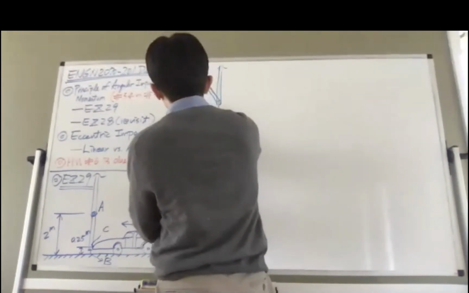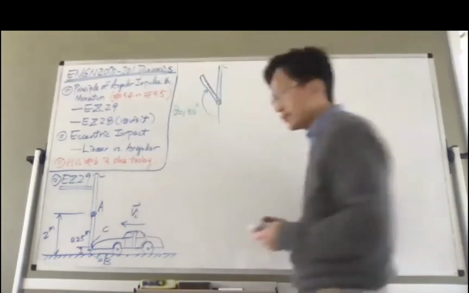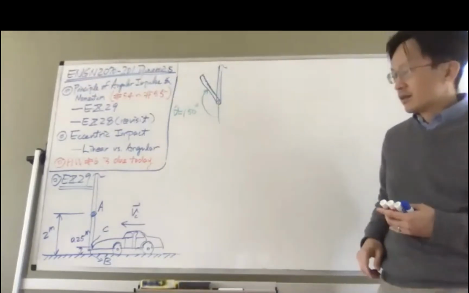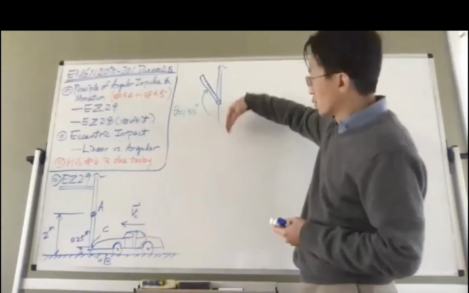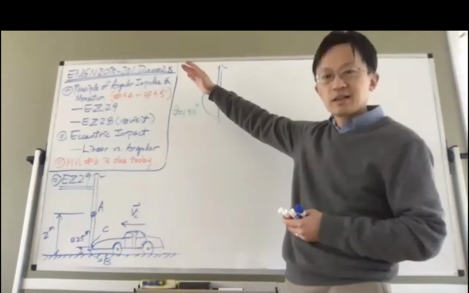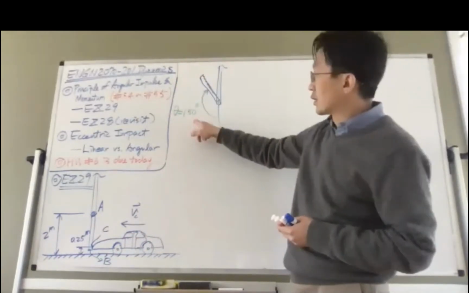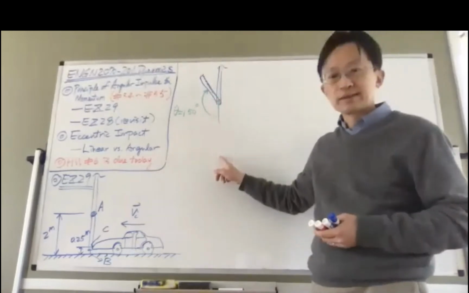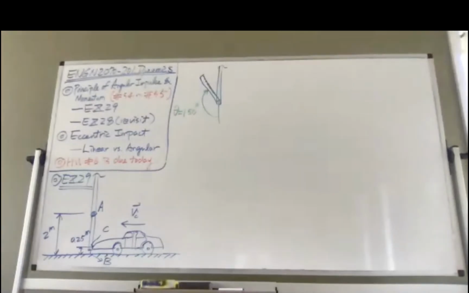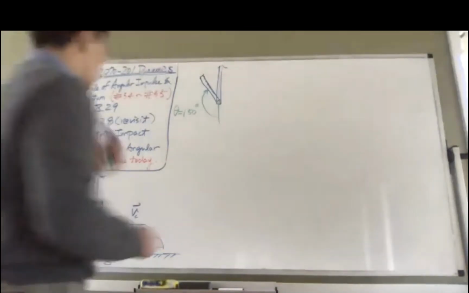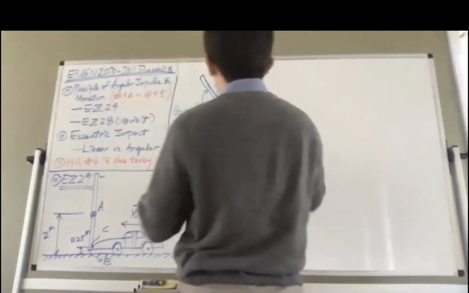Theta is 150 degrees, which means once the garage door is hit by this car, it swings up and goes up to 150 degrees, measured from the vertical position. So that's 150 degrees. So what are we trying to determine? We are trying to determine what will be the linear impulse.